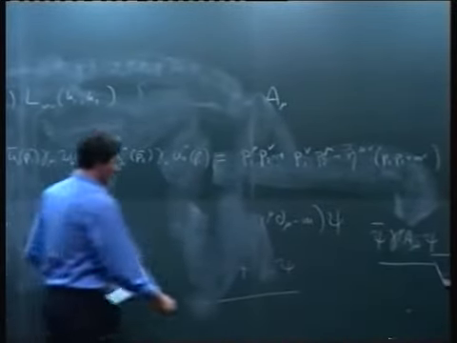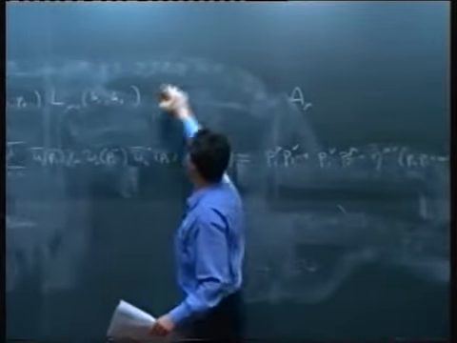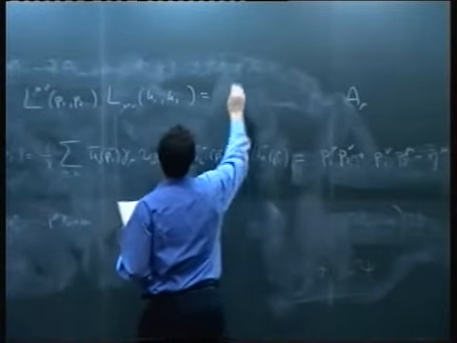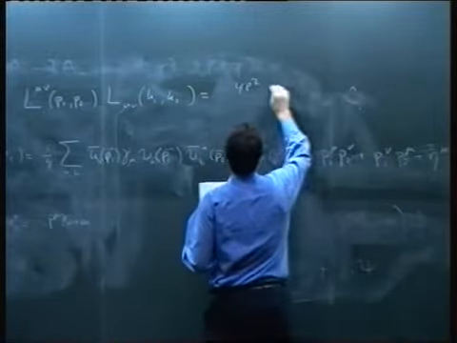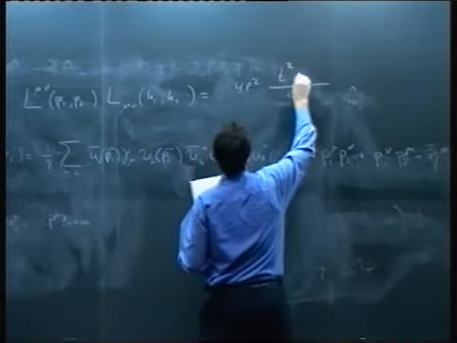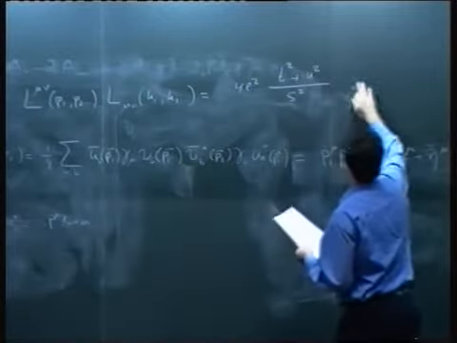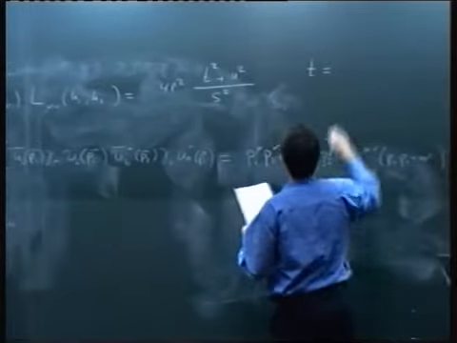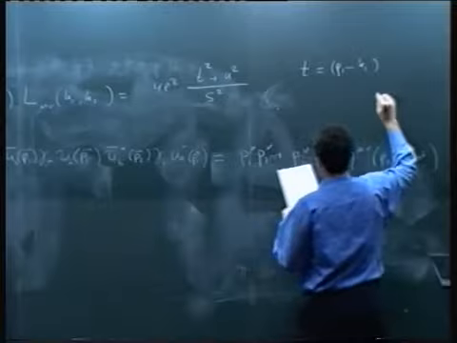Well, to make a long story short, I can now plug this back into here, and then you find that dW can be written as 4e squared times 1 over s squared, and then there are two other terms which I write as t squared plus u squared, where t and u are two other Mandelstam variables. t is equal to (p1 minus k1) squared.